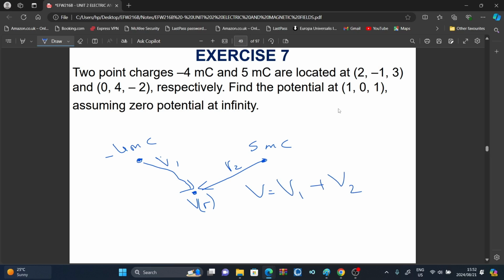And then they say assuming zero potential at infinity. So just remember at infinity our voltage is 0. So we add another term, you can say it's our initial condition, which you can say it's V0 most of the time, or C0.